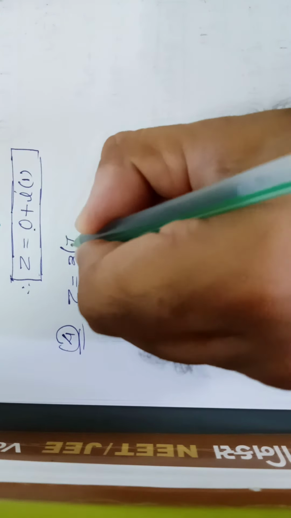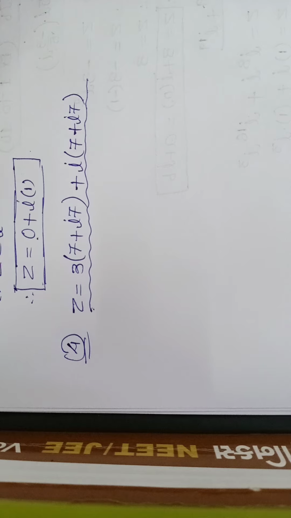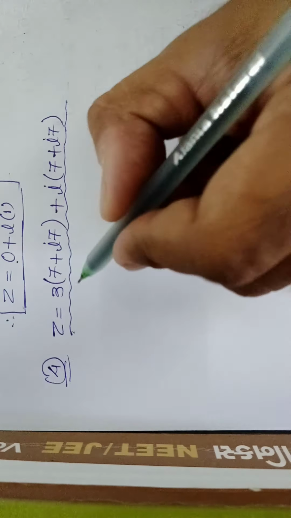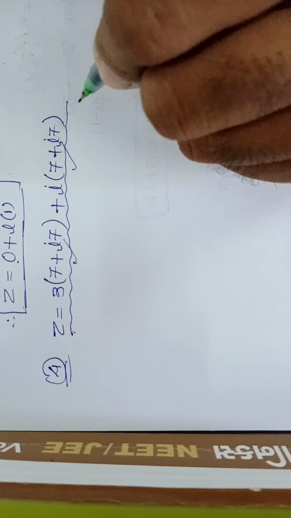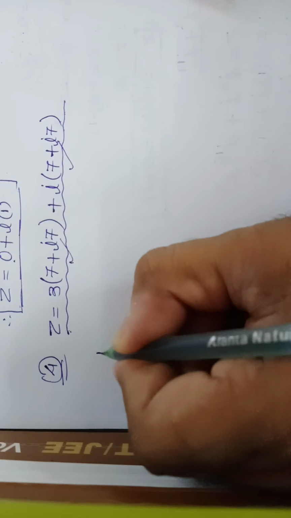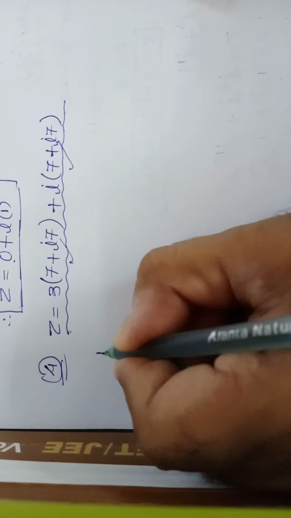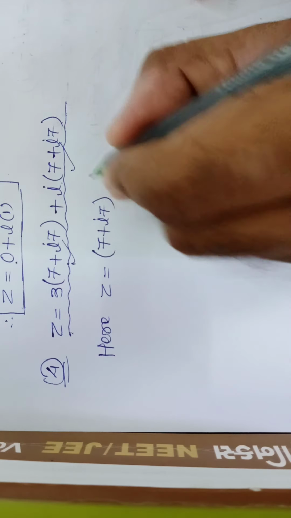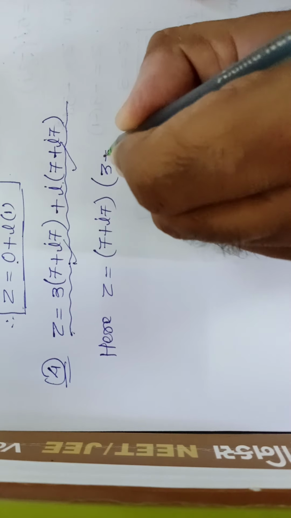This is a complex number. You have to express it in the form A plus IB. So again, first of all, let me take common here. You know the calculation, right? With simple calculation, let me solve it. Here the complex number Z can be written as 7 plus I7 is common here. From both, the remaining term is 3 plus I.